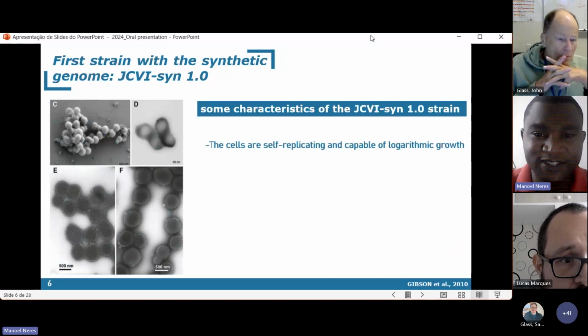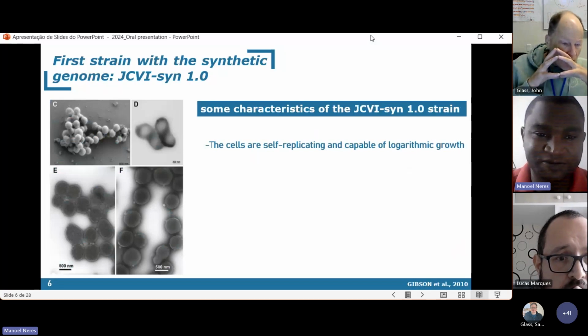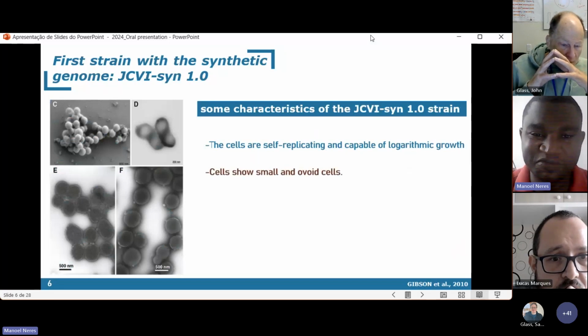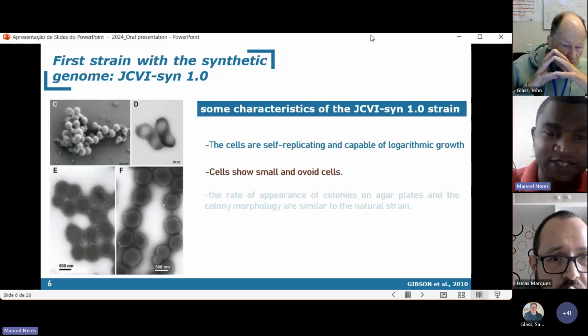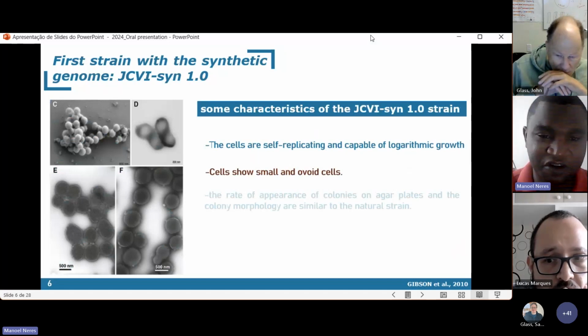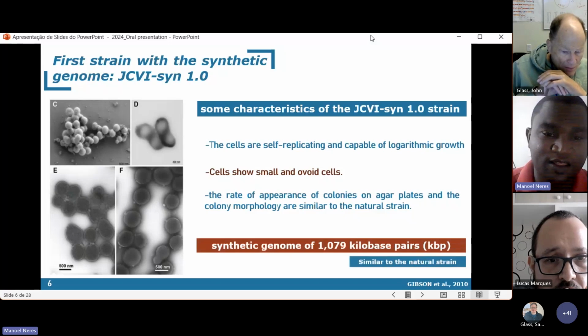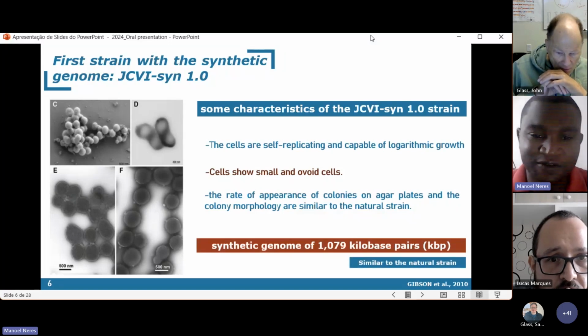Here are some characteristics of the JCVI-syn1.0 strain. The cells are self-replicating and capable of logarithmic growth. Cells are small and ovoid. The rate of appearance of colonies on agar plates and the colony morphology are similar to the natural strain, and the synthetic genome with 1079 kilobase pairs is also similar to the natural strain.